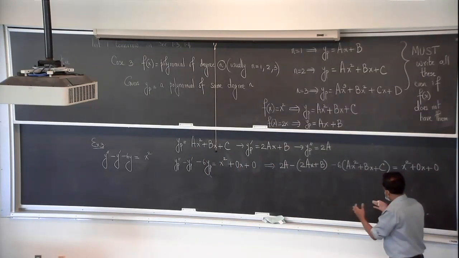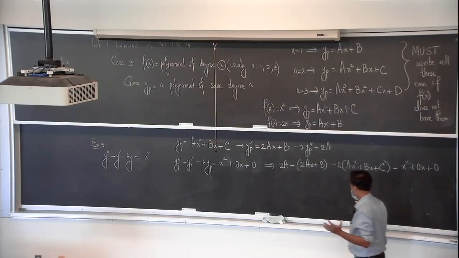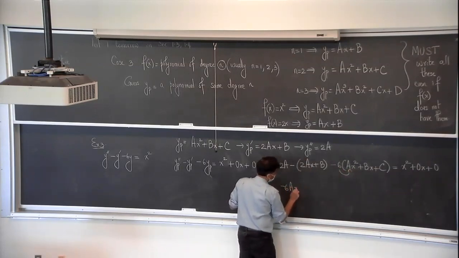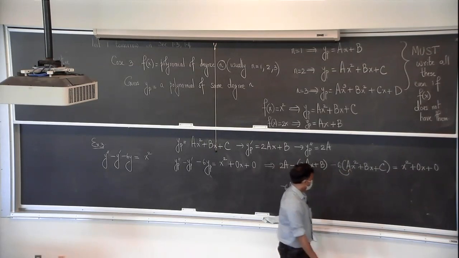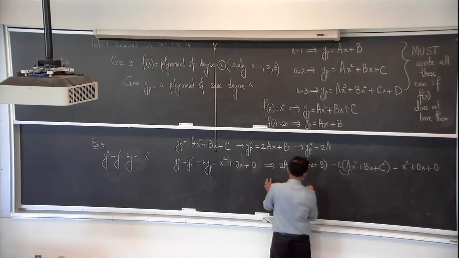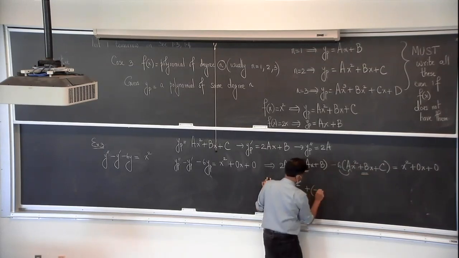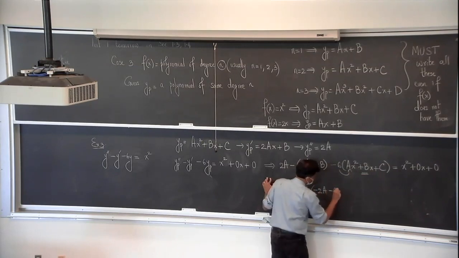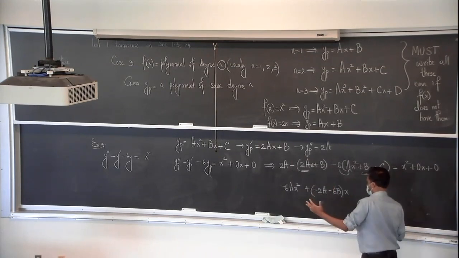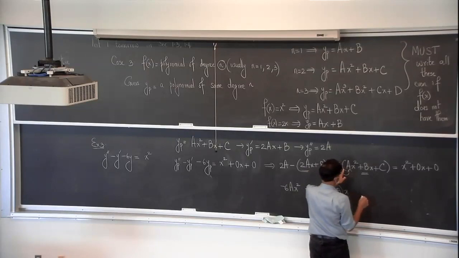So the key thing here is to distribute everything and collect the terms of the same type. So we have negative 6a x squared, that unfortunately is going to give us some fractions, but that's okay. Plus negative 2a minus 6b times x. And the last term has 3 constants, plus 2a minus b minus 6 times c.